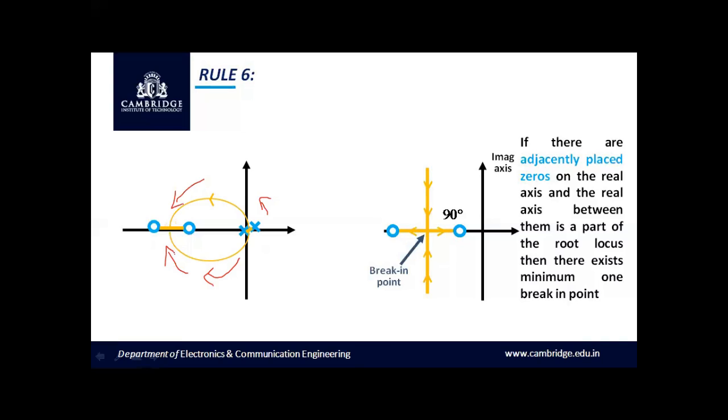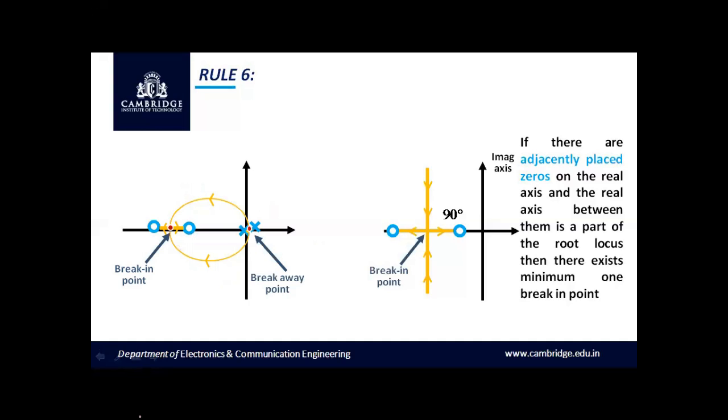And on the other side, it moves from the complex plane and reaches the real axis, that is break-in. Hence, let us represent the location here. So a minimum of one breakaway and one break-in point exists in this location, and it has been highlighted here.